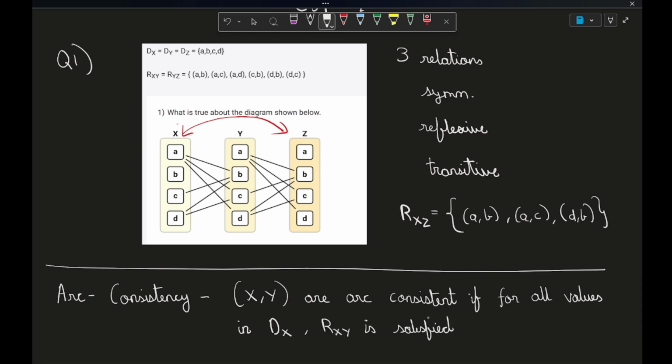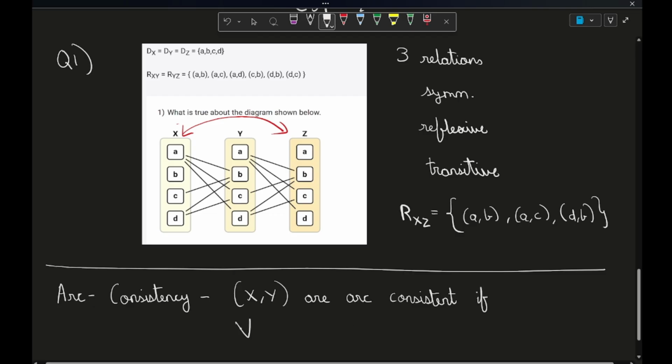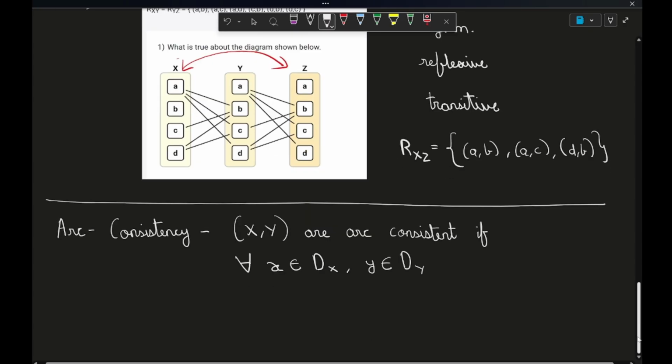Let's just try to write this in a better way. So what I think is arc consistent if for all values x belonging to D of x and y belonging to D of y, x comma y belongs to the relation R xy.